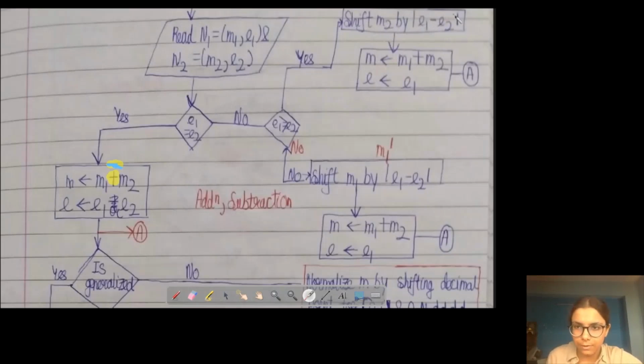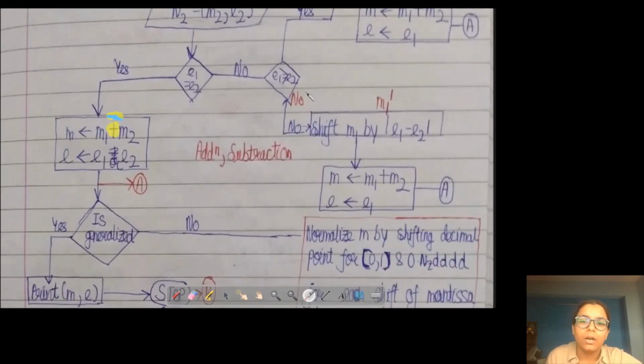This is an exponent formula that we use when e1 is greater than e2. And after shifting, we would just subtract the Mantissa part and take e1 as the exponent part of the new computed value.